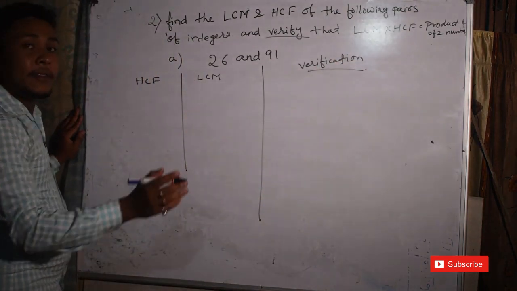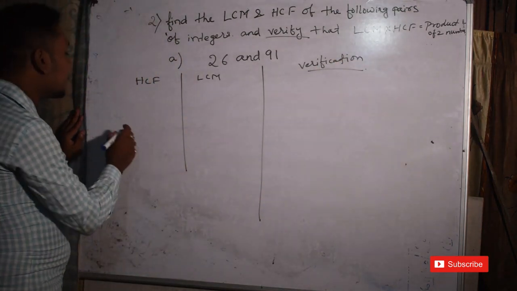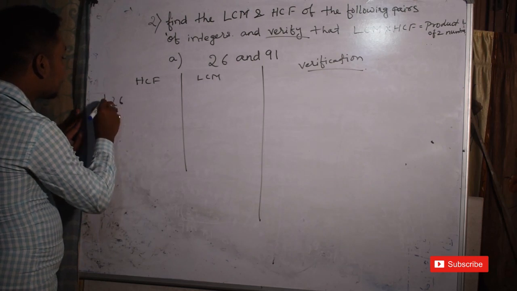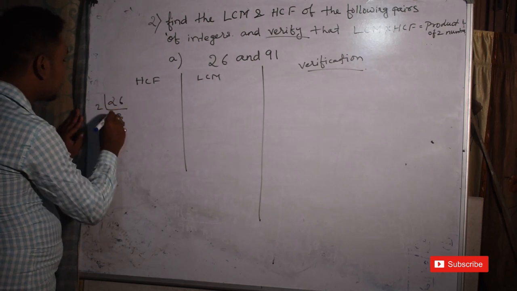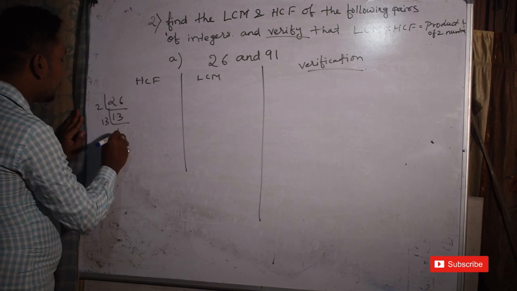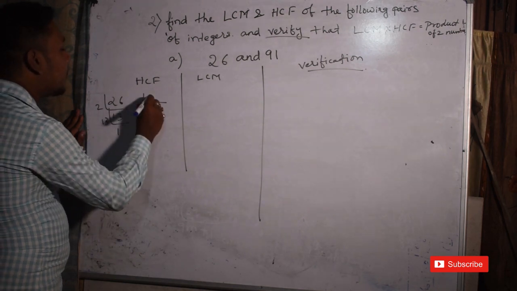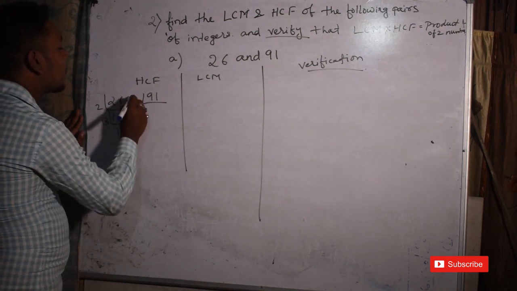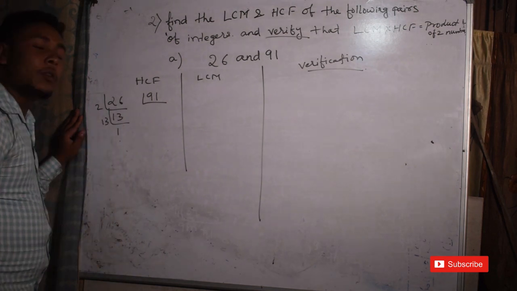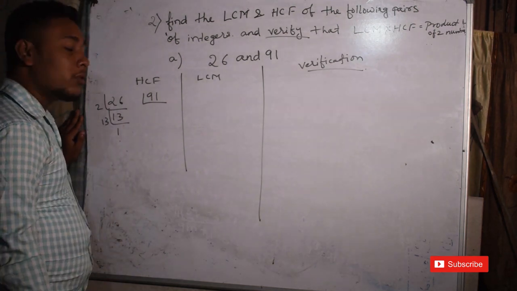For finding HCF: 26, 2 13s are 26, so 13 one time. 91 by 2 will not go because it is an odd number.